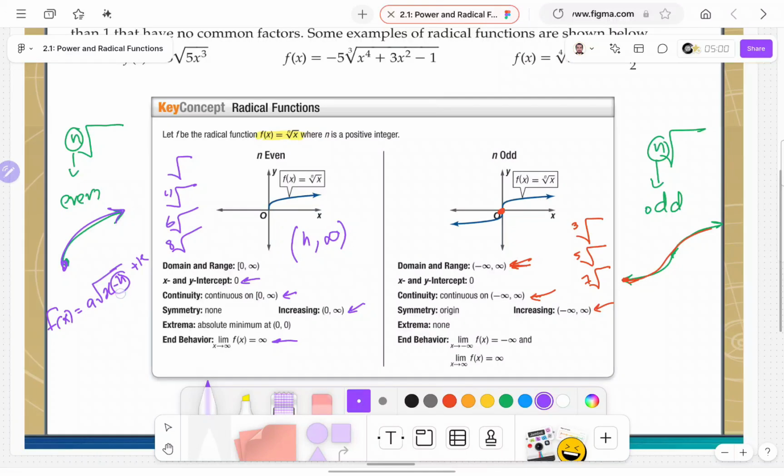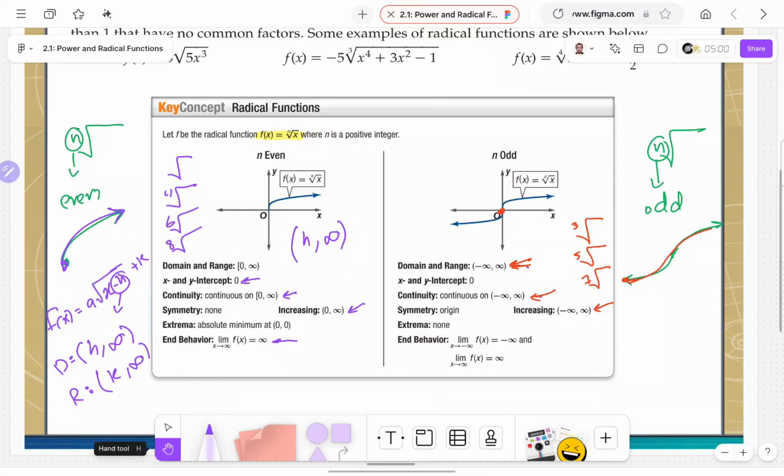So the domain starts from h to positive infinity, and the range, related to the y-axis, starts from k to positive infinity. This is the domain and range for the even, but for the odd, it's always from negative infinity to positive infinity, whatever the question looks like.